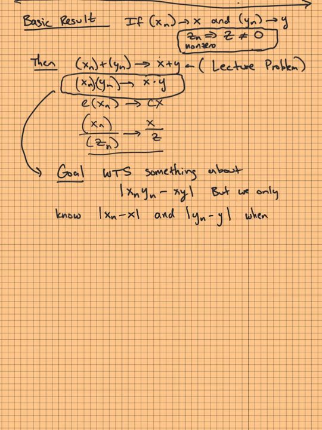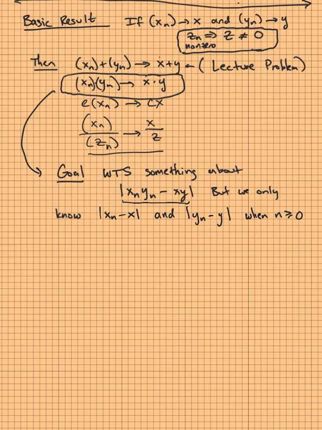So we know that both of these terms are small, and what you want to know is that the product is small. This is similar to the algebraic manipulation that we did in the last lecture, where we added a 0 to something in a clever way, and used the triangle inequality to put it inside of terms that we understand.